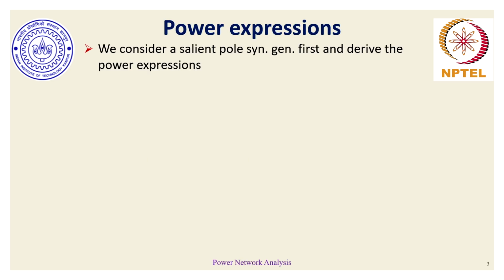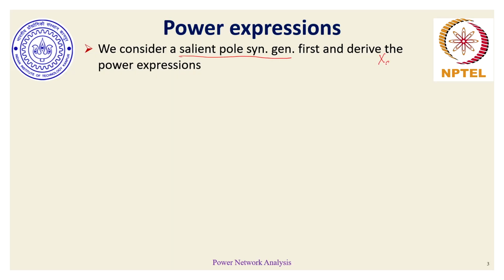So what we do is we start with the most complex case first, that is, we consider a salient pole synchronous generator first, and for this we derive our power expressions.